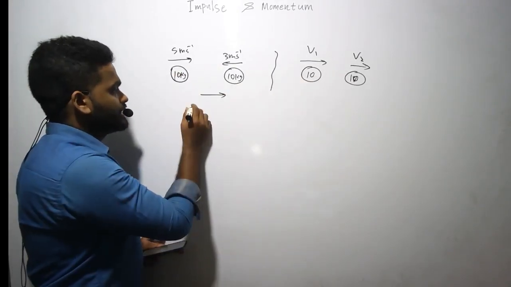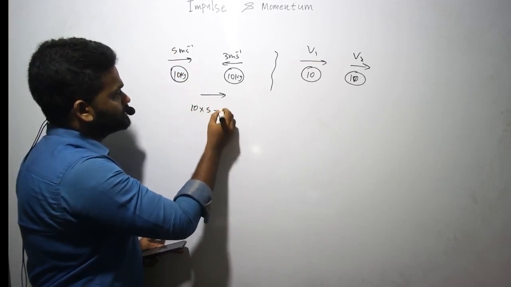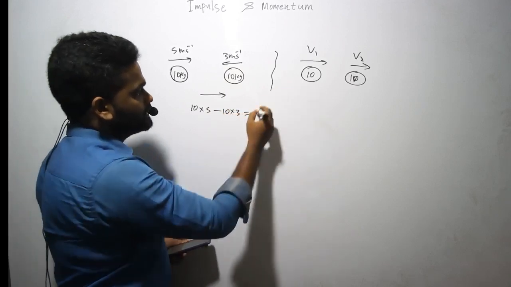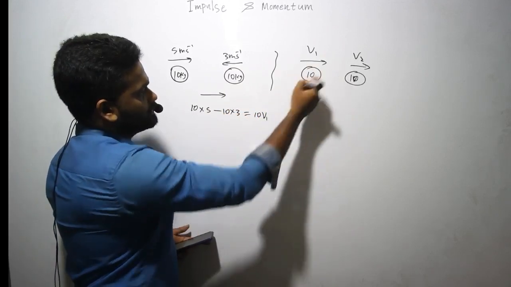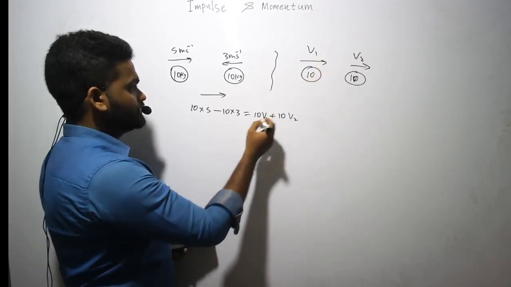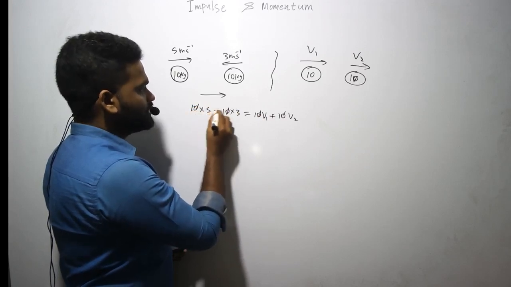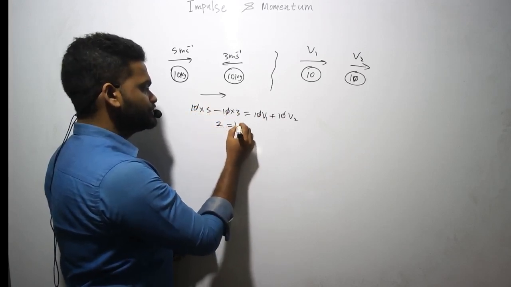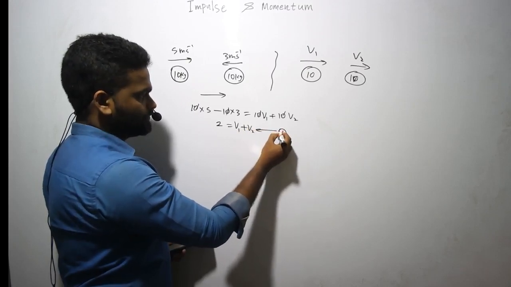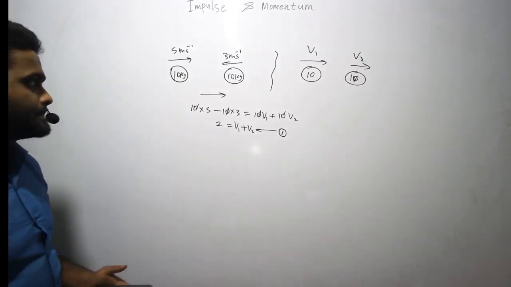Initial momentum: 10 times 5 plus, this is minus, 10 times 3, equals 10 times v1 plus 10 times v2. Then divide the whole thing by 10. 5 minus 3, that is 2, equals v1 plus v2. So this is one equation: v1 plus v2 is equal to 2.